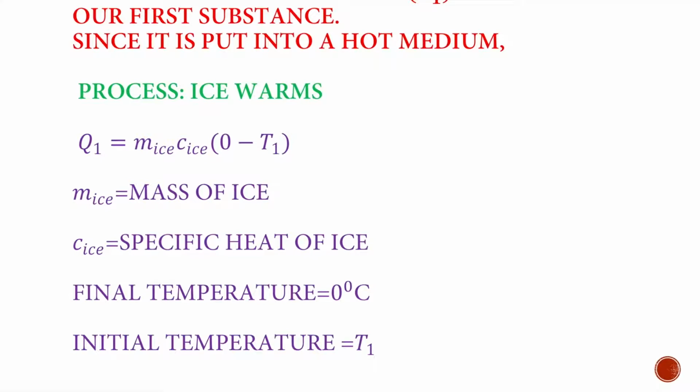Ice at T1 degrees Celsius changes to 0 degrees Celsius. So which is the final temperature? 0 degrees Celsius, and the initial temperature is T1 degrees Celsius. So Q1 will be mass of the ice, specific heat capacity of ice, times final temperature 0 minus initial temperature T1. So this is the first process.